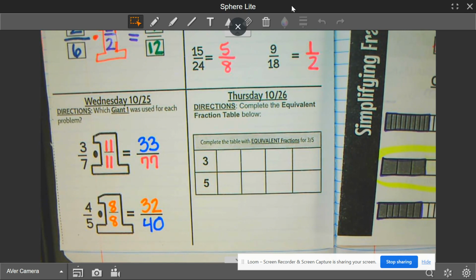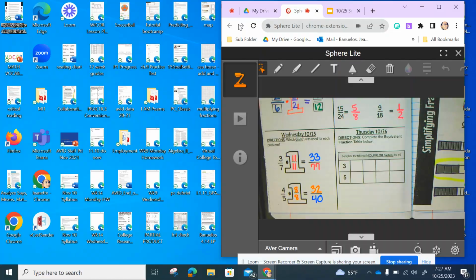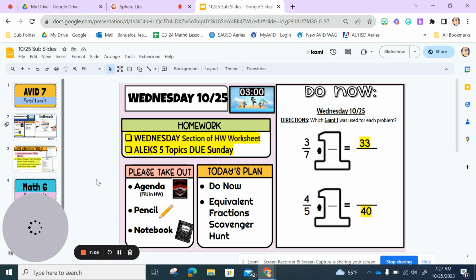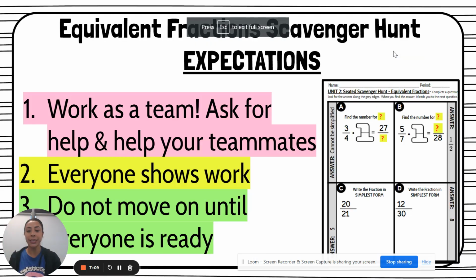All right, how many of you got those two correct? Whoop whoop. Okay, let's get back into what you're doing today. Today you are going to complete a seated scavenger hunt on equivalent fractions.